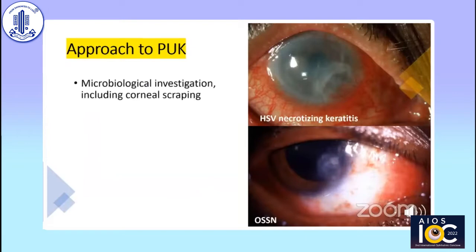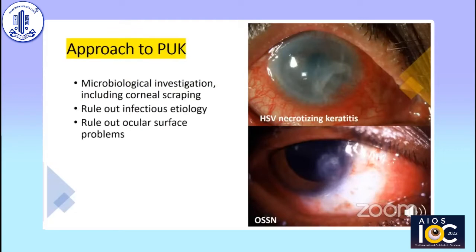In addition, there are cases which have a local form of PUK, for example, these two examples, one of them is HSV necrotizing keratitis and the second is ocular surface squamous neoplasia. So these would include either microbiological investigations in the first instance, or in the second instance, we might resort to doing an impression cytology of the surface, and therefore we can rule out an infectious etiology or ocular surface problems and rare causes such as even OSSN.